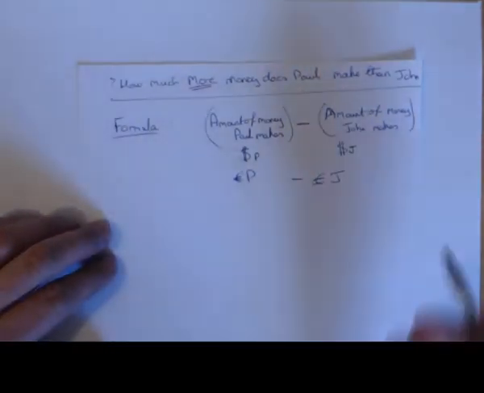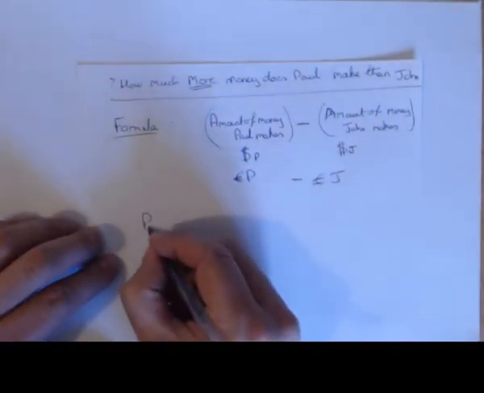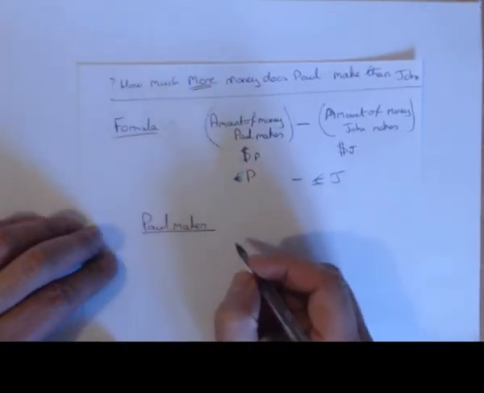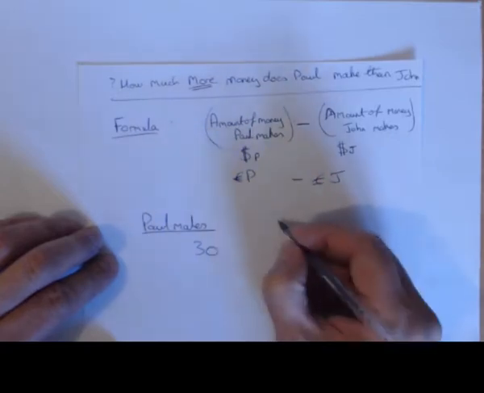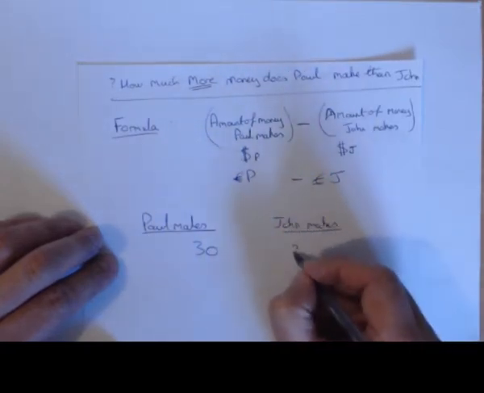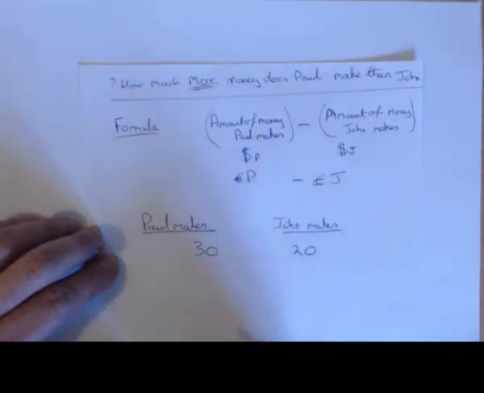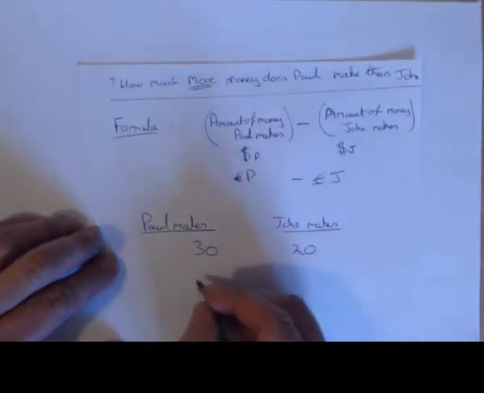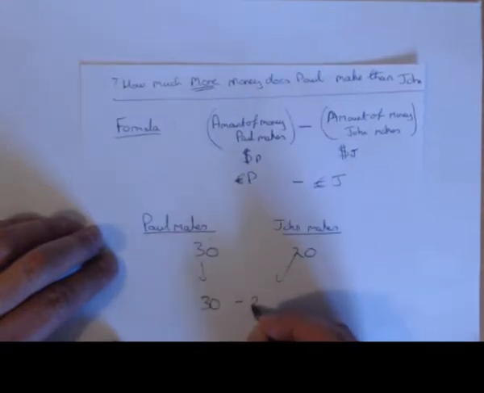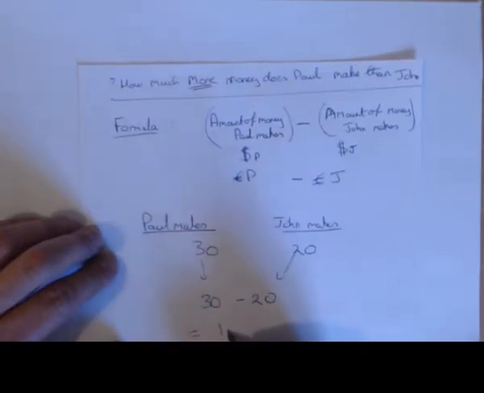So that's how we find out how much more money. So for example, if Paul makes €30 and John makes €20, then to find out how much more money Paul makes than John, we have a formula, which is this number, 30, take away this number, 20, is equal to 10.